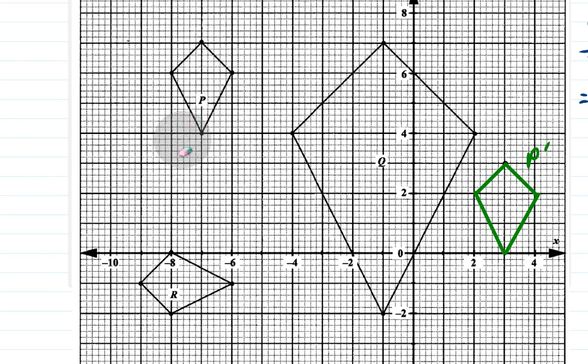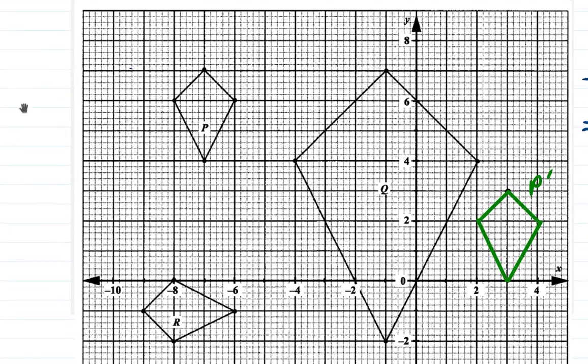In order to get from P to R, you can see there is some rotation somewhere, right? Using your imagination, you can see that it seems to have rotated where the center of rotation was negative 8, 6. In other words, it seemed to have rotated around this point and then translated.